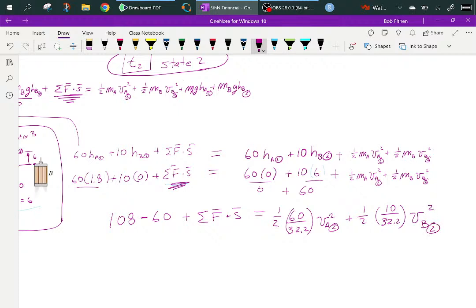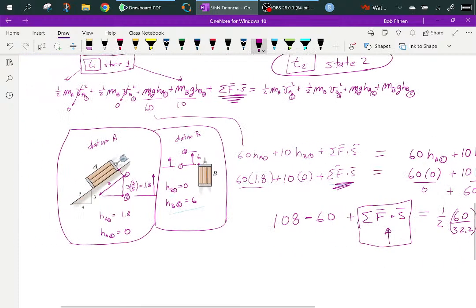Now, there's a relationship between these two. And there's also friction. So I've got to do one of these first. Maybe what I'll do is I'll do the friction and then I'll deal with this second. So let's look at the friction.